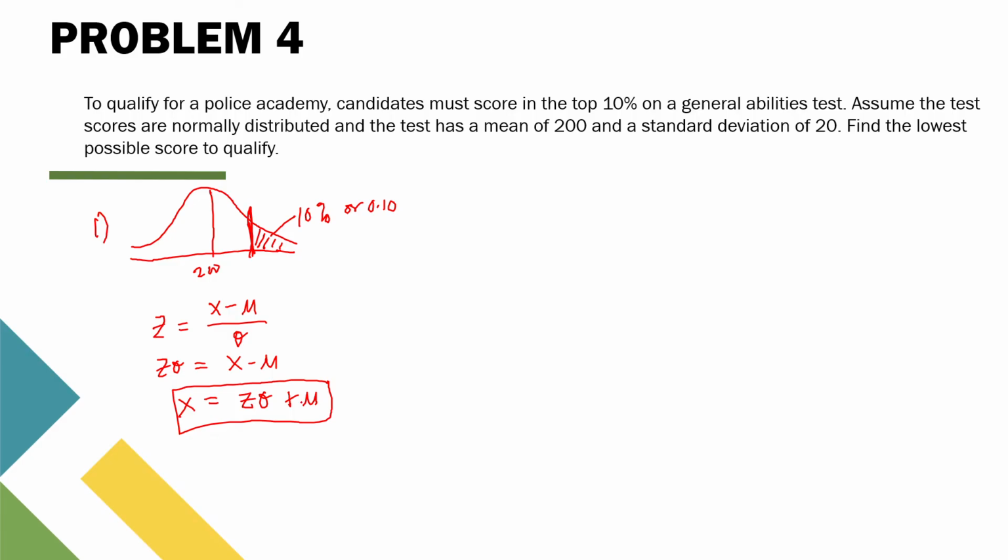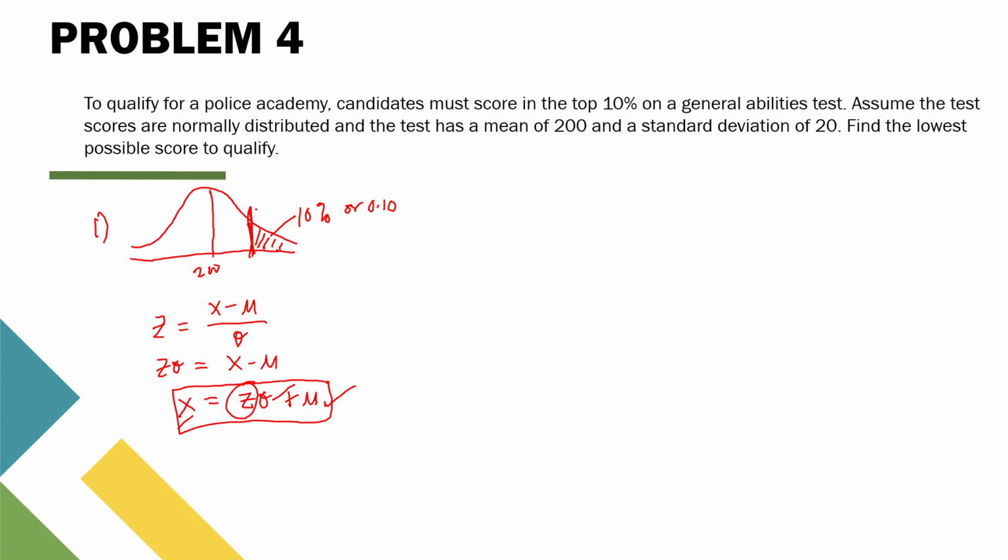We now have the value for our mu here, which is 200, and the standard deviation. We need to find the value for our z in order for us to solve for the lowest possible score to qualify. In order for us to get the value for our z, we need to use the 10%. Since that is more than, we have to use case number 2, which is 1 minus the area.